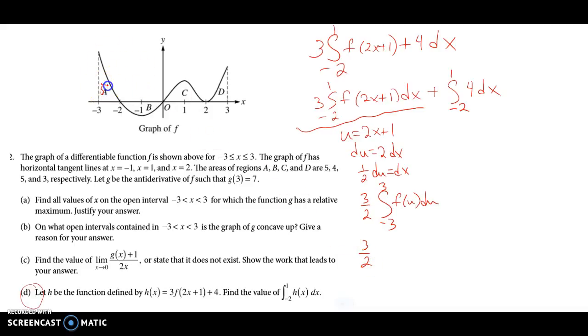And remember, we were given these values. It was 5, 4, 5, and 3. So this will be 5 plus 4 plus 5 plus 3. And now this other part, the antiderivative of 4 is 4x.